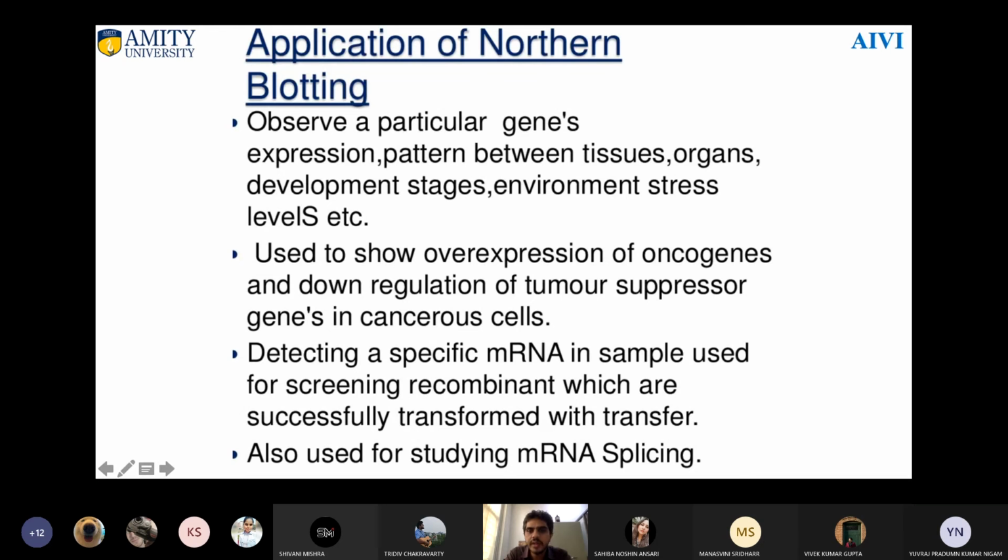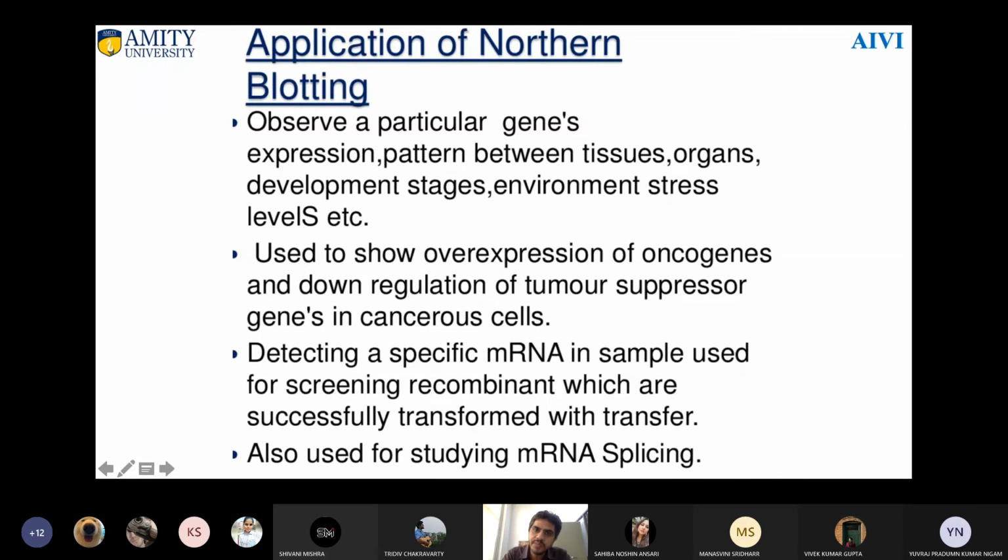Sometimes it happens that you make a transgene and go for a Southern blotting. Southern blotting will tell you whether the transgene is formed or not. So Southern blotting confirms that a transgene is there, but still you are not getting any protein, any expression of that gene. Then at what level is that expression being blocked? Whether the transcription is occurring or not. If you want to check whether transcription is occurring or not, you need to go for Northern blotting.